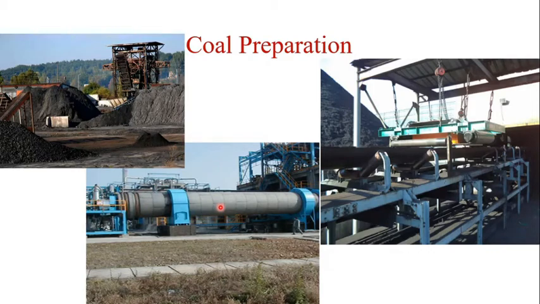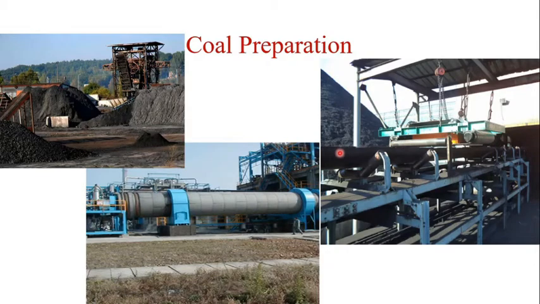Once the moisture content is extracted from the coal, it will be sent to remove the metallic particles from the coal. Metallic particles are removed with the help of an electromagnetic separator. In this picture you can see the magnets which will attract the metal parts that are in the coal.